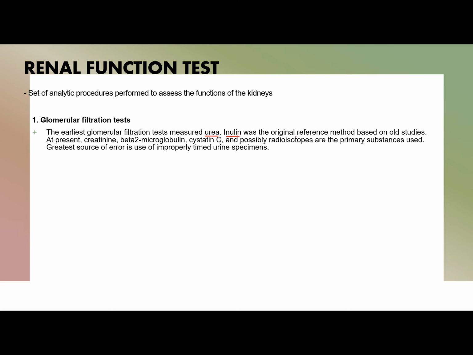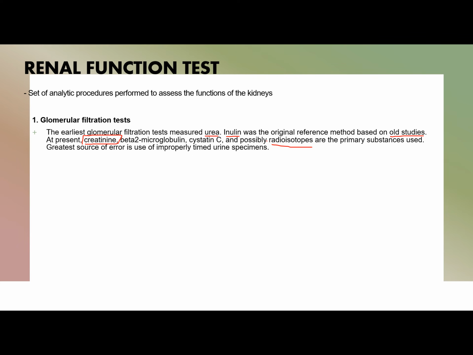Then inulin, class, was the original reference method based on old studies. At present, in the current era, ang pinaka-commonly na kinimeasure sa Philippines is itong creatinine, as well as beta-2 microglobulin, cystatin C, and other radioisotopes.